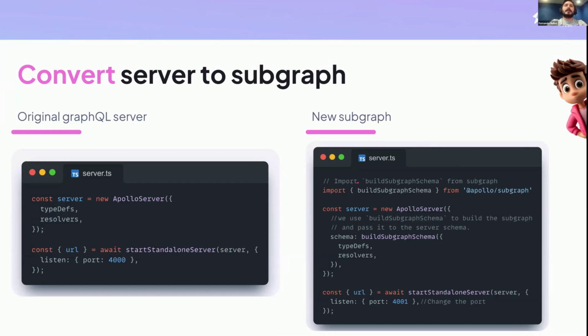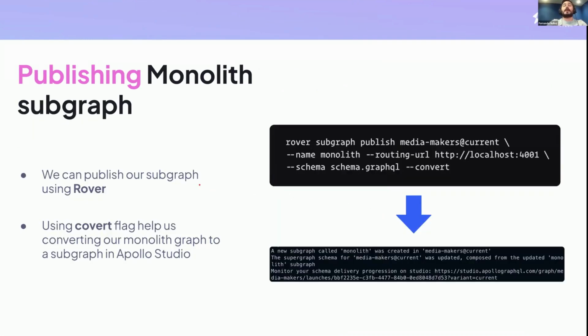As easy as that. You have created your first subgraph, and you are now in federation. Of course, it's not what we desire, because this is still an entire, huge server, but at this moment it's a subgraph, and this is what it takes to create one.